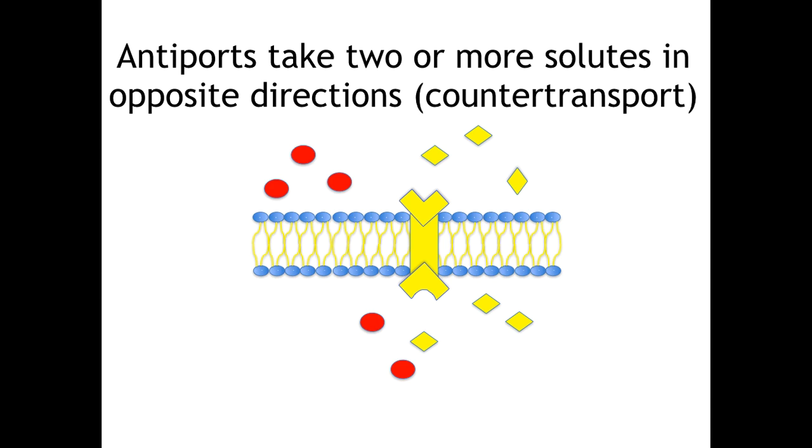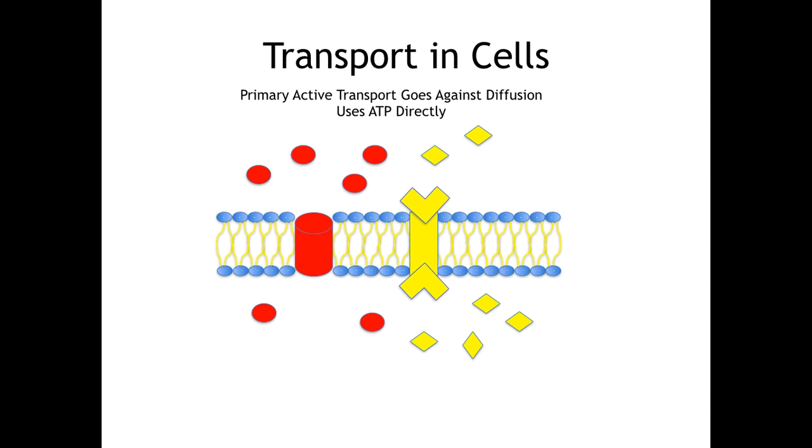So far, all of this has been passive transport, right? So you've seen the passive transport with a uniporter, passive transport with a symporter, passive transport with an antiporter. It is also possible to do what's called active transport. Now, passive transport is just facilitated diffusion.